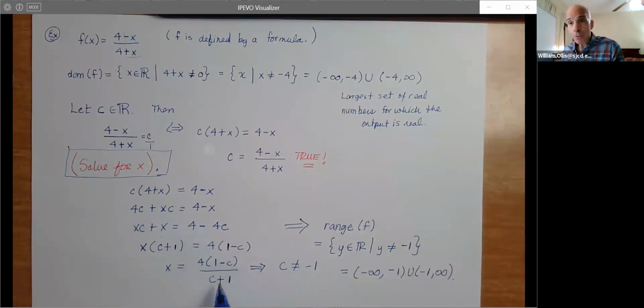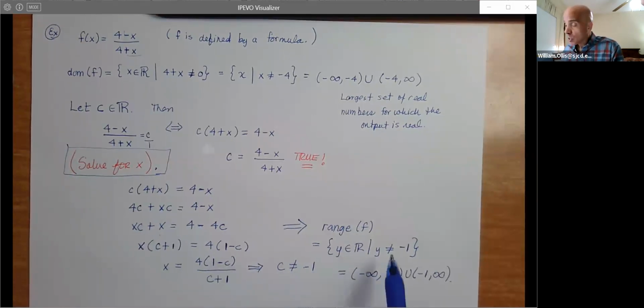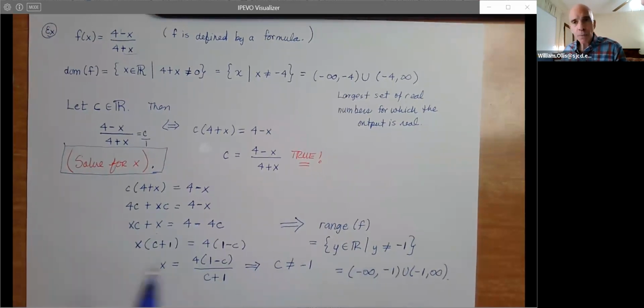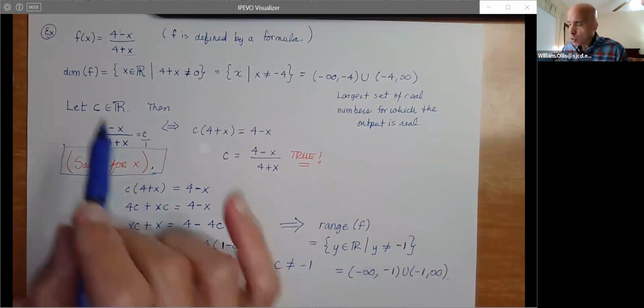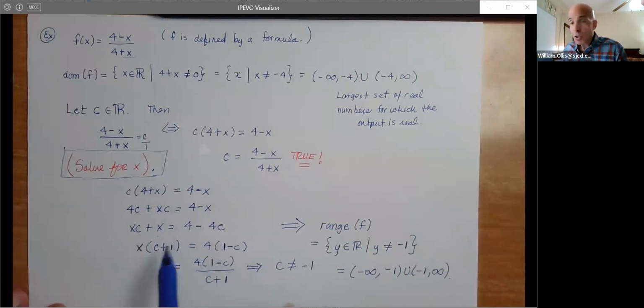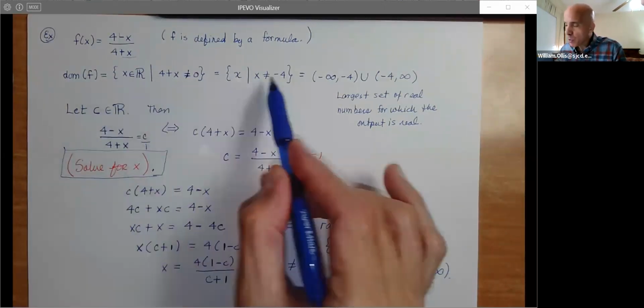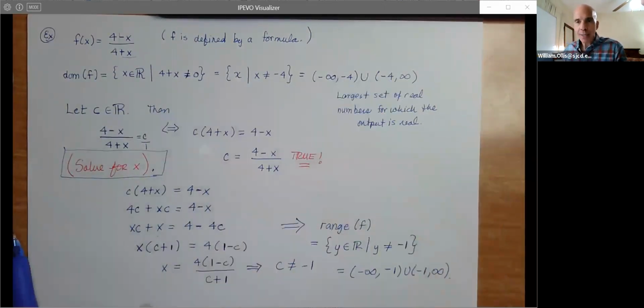So now you can go over here and say the range is all Y such that Y does not equal -1. So I want you to be aware that there are certain instances where you can actually compute the range algebraically, just like we think about computing the domain algebraically.